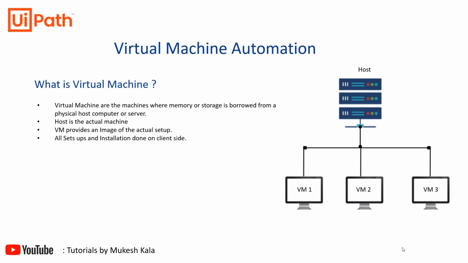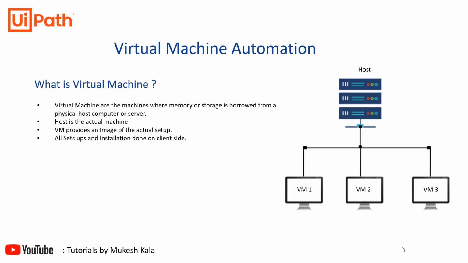Which means I am just logging in via a browser, via Citrix, and I get an application available to me. There is nothing installed on my local computer. Everything is coming virtually to me. All the setups, installations and software are installed on the remote machine, and as a user I am just accessing it with the help of the virtual machine. So that is what a virtual machine is.